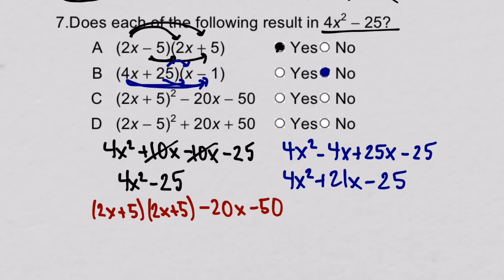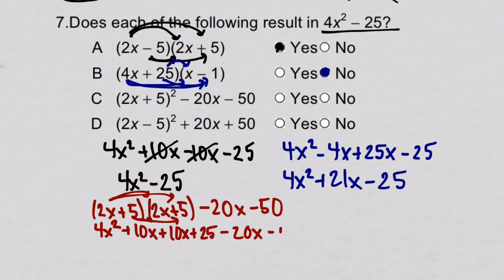I'm going to FOIL here on the front. 2x times 2x is the first one, 4x squared. 2x times 5 is 10x. 5 times 2x is another 10x. And 5 times 5 is 25. And then there's a minus 20x over here and a minus 50. I simplify as much as I can.